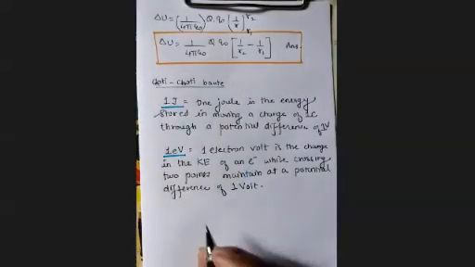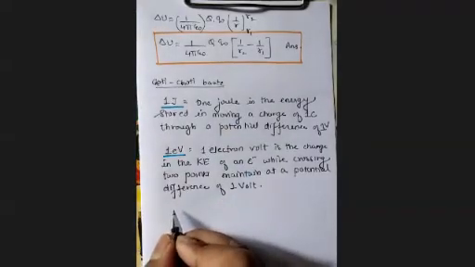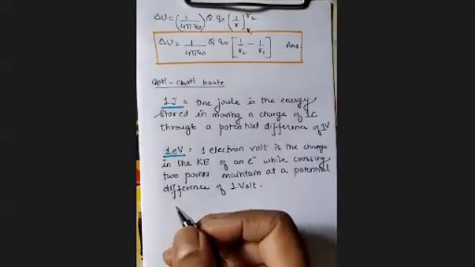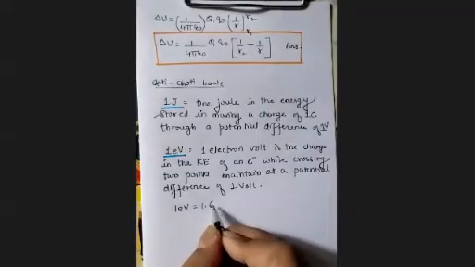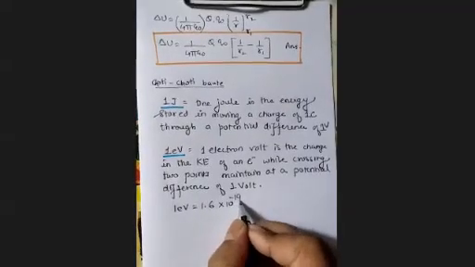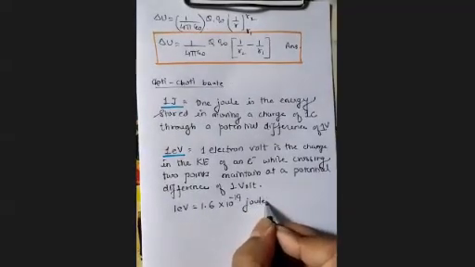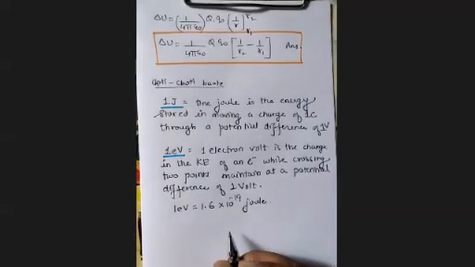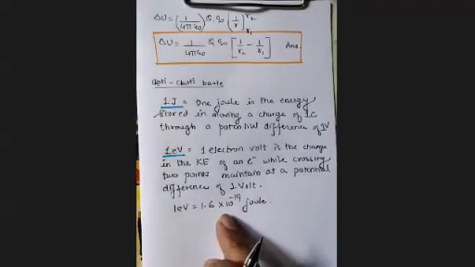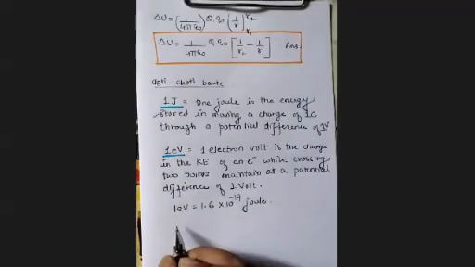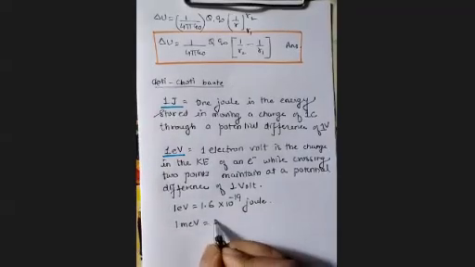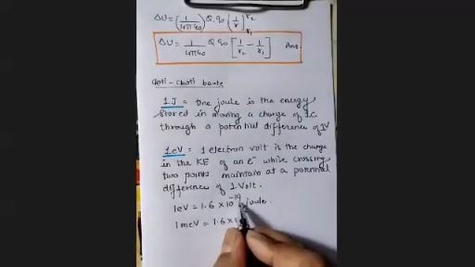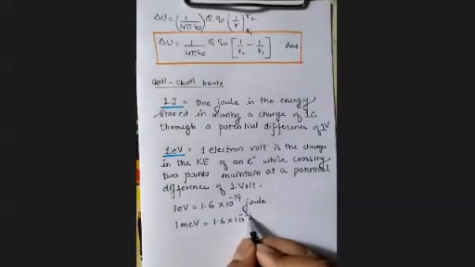We have a few relations also. Joule, we know, is the SI unit of energy. So 1 electron volt is equal to 1.6 into 10 raised to power minus 19 joule. This is actually the charge value of 1 electron. Suppose I write 1 milli electron volt, it will be 1.6 into 10 raised to power minus 19 minus 3, so it becomes minus 22 joules.